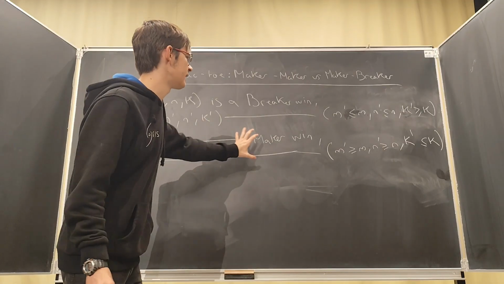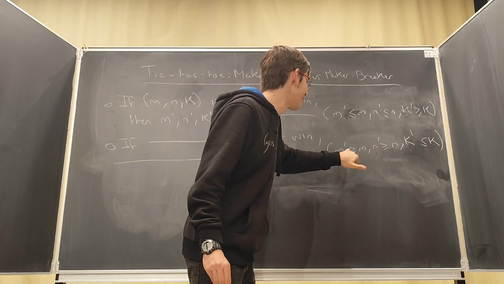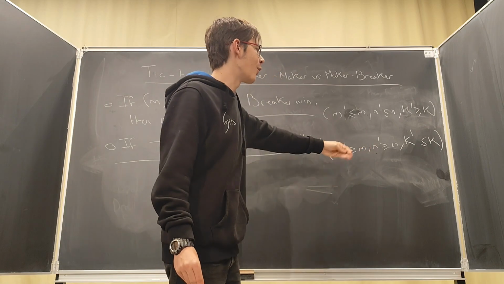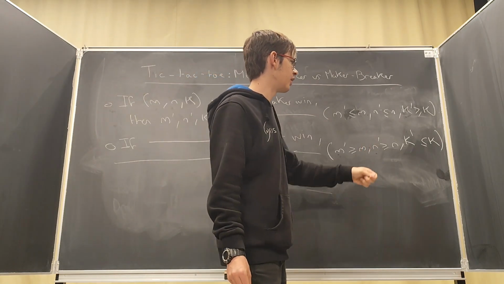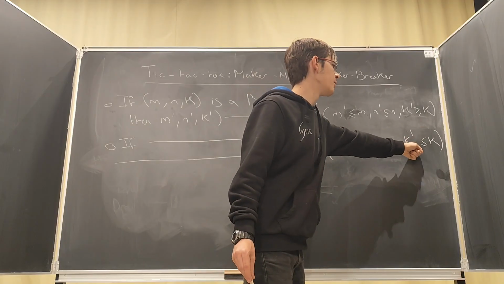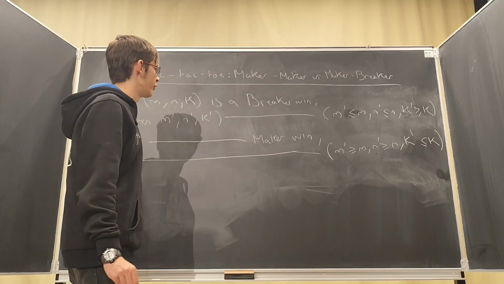Now, of course, this statement here hasn't much use because if we're taking some values that are larger than infinity, well, we're just taking an infinite board. But it just says that if Maker wins on an infinite board, then he's also going to be able to achieve any shorter streak, which is rather obvious.